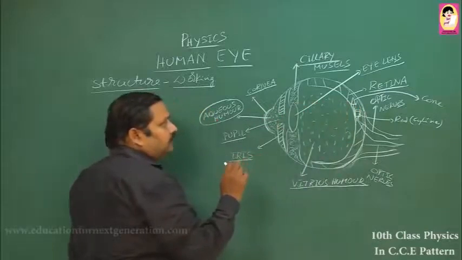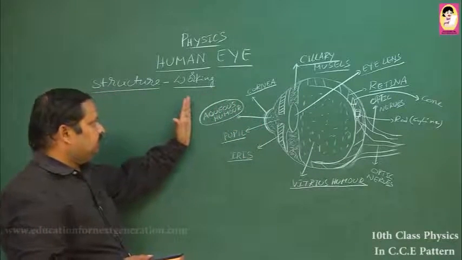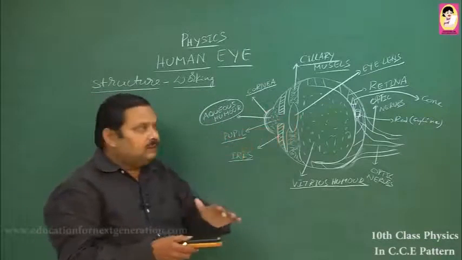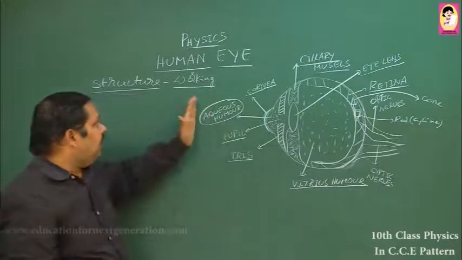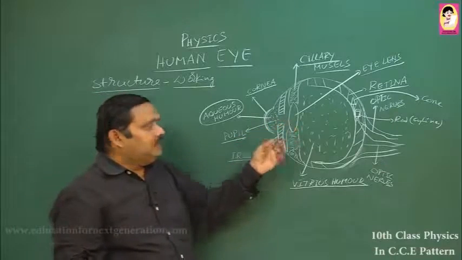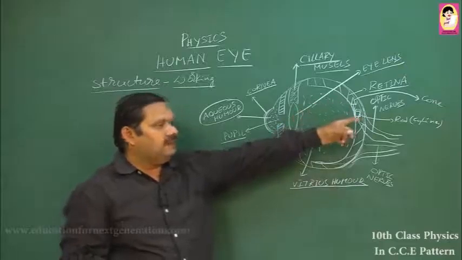Eye lens, being a convex lens, focuses the light rays coming from the object exactly on the retina. Here the most important thing is, if the object is close to the eye, then the focal length of the eye lens should be less to focus the image exactly on the retina. If the object is far off from the eye, then the focal length of the eye lens should increase to focus the image exactly on the retina.